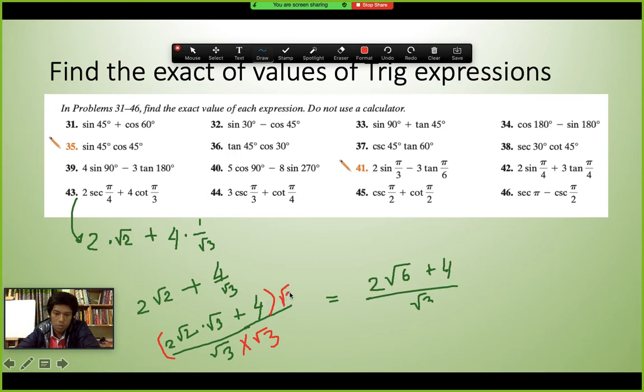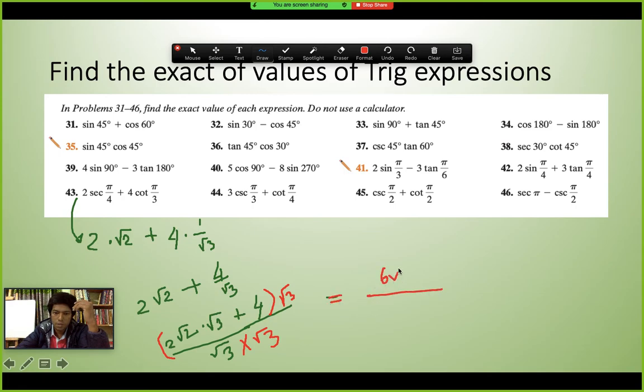This root 3 and this root 3 will become 3. Then 3 into 2 is 6. So ultimately this will become 6 root 2.